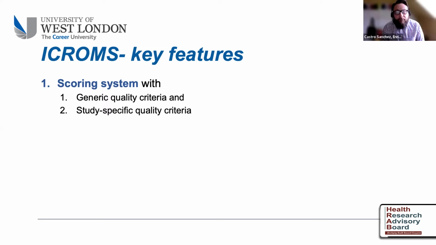So ICROMS is a systematic approach, and this system has two key features. The first one is it includes a scoring system with generic quality criteria and study-specific quality criteria. So all papers have to meet some criteria which are generic, but also specific to the type of study that you are evaluating, the studies that Nina and Rahila have mentioned before.